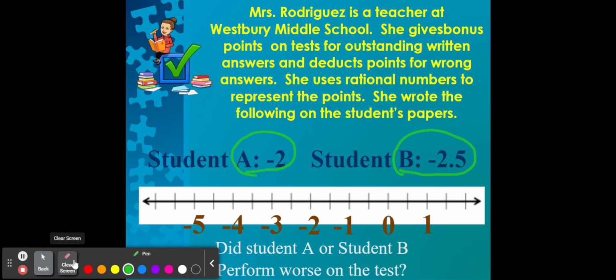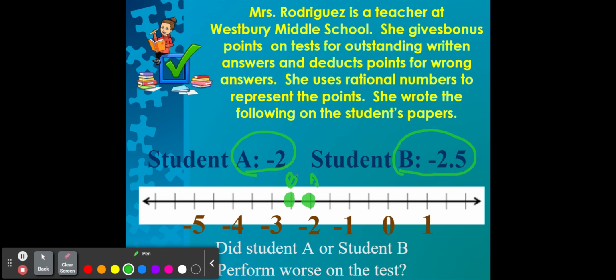So now we're going to go ahead and plot both student A and student B. So student A got -2. And student B got -2.5. So remember, that's in between the -2 and the -3, -2.5. So this is A and this is B. Did student A or student B perform worse on the test?